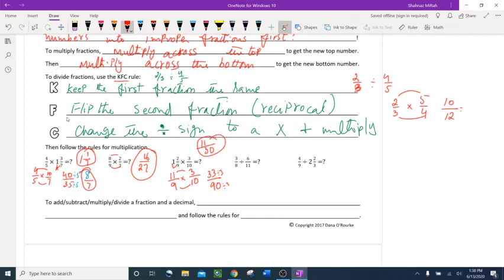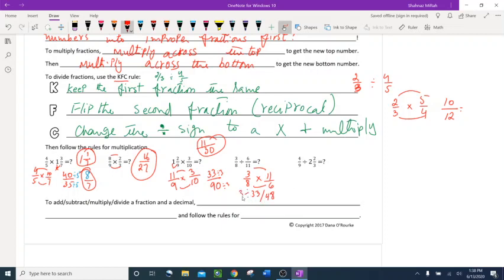This one, I'm dividing two fractions. So keep KFC method, okay? Keep the first fraction. The second fraction, you flip, reciprocal. Change the division into multiplication and go straight across. So 3 times 11 is 33. 6 times 8 is going to give me 48. You can simplify this further by 3.